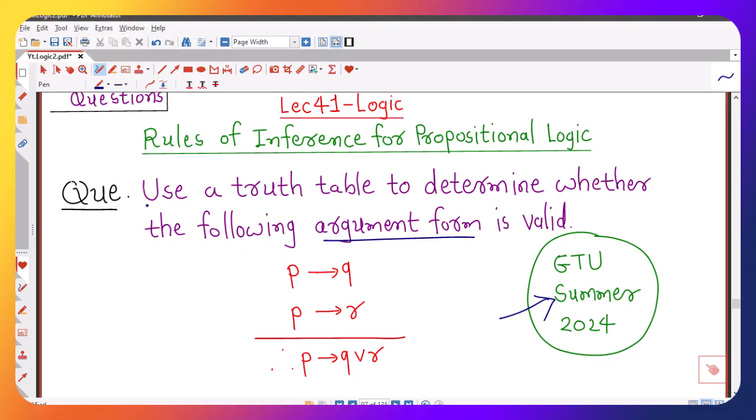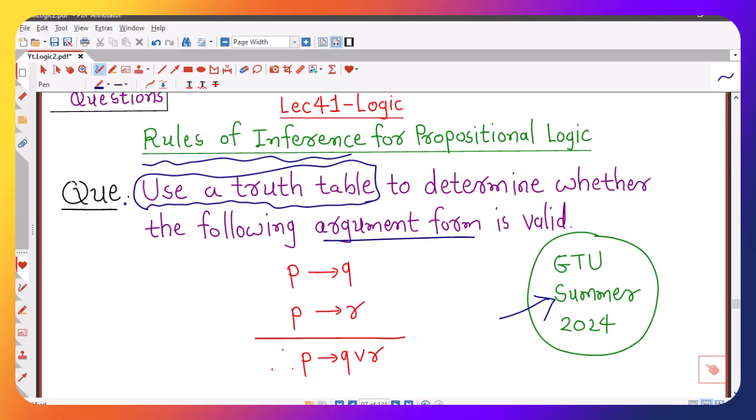We know that we have different methods for checking whether a given argument form is valid or not. One method is use of truth tables. Another method is using rules of inference, which we have understood or derived using truth tables. Here they have specified that you have to use truth table to determine whether the given argument form is valid.